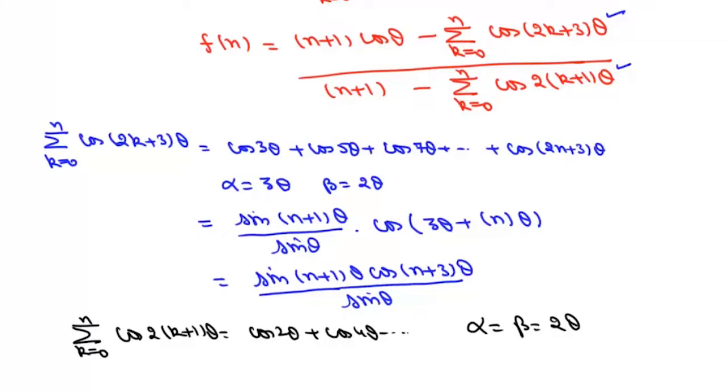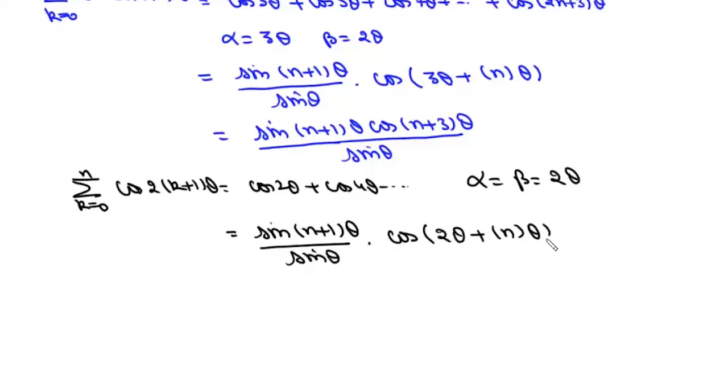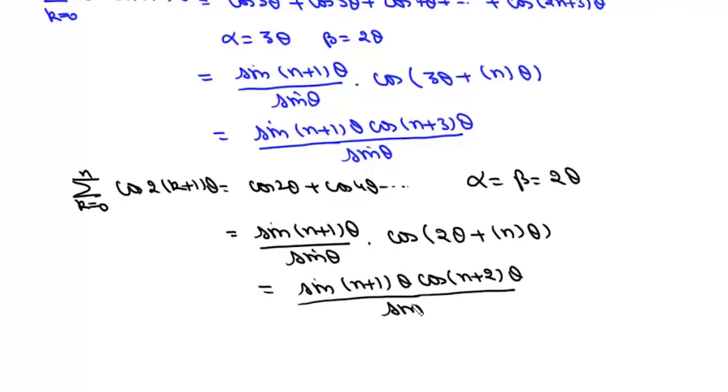So we can write this as sine(n plus 1)theta upon sine theta into cos(alpha plus (n minus 1) theta). So it will be sine(n plus 1)theta into cos(n plus 2)theta divided by sine theta. So now we have the result for both the summations.